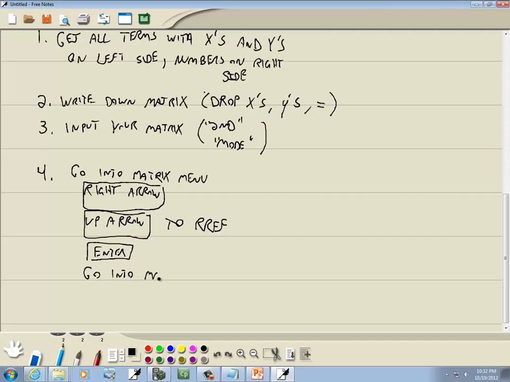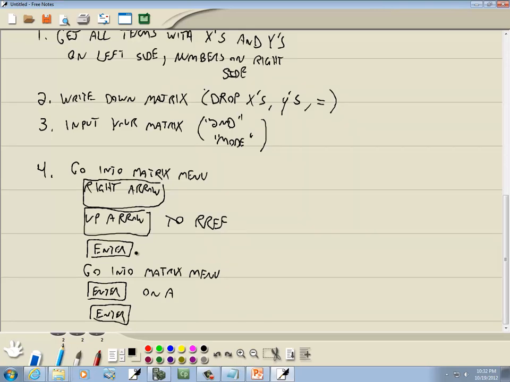Go into the matrix menu, and enter on A. And then enter again. And go over here to step 5.